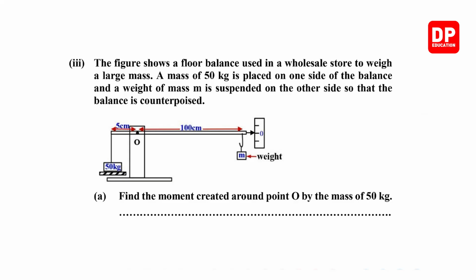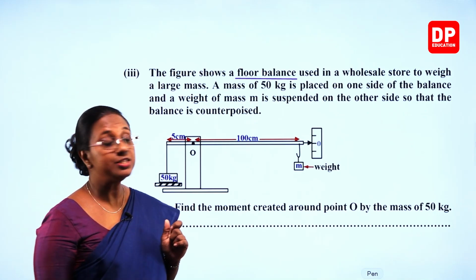So this is another diagram given to you all. If we read the question first, you can see the figure shows a flow balance. Now this is a different type of balance, a flow balance used in a wholesale store to weigh a large mass. Now the previous balance, the pan balance, was for small masses. This is for a large mass.